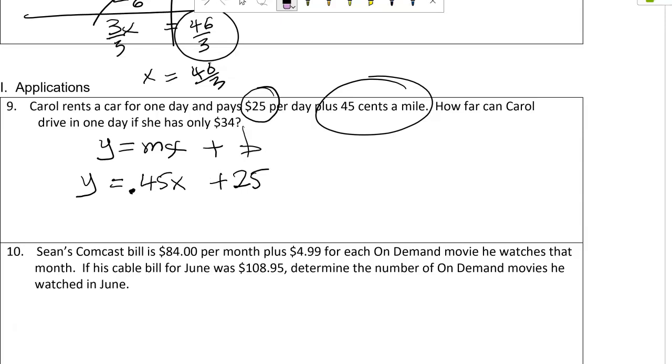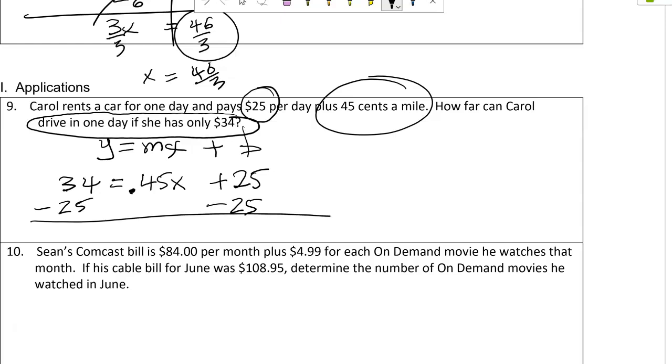Now, if this person only has $34, then put that total right here. And then if we solve for x, that will give us the number of miles that she can travel. So if we solve this, that's minus 25 and minus 25, and we are left with, what's 34 minus 25? Is that 9, I hope? Equals 0.45x.